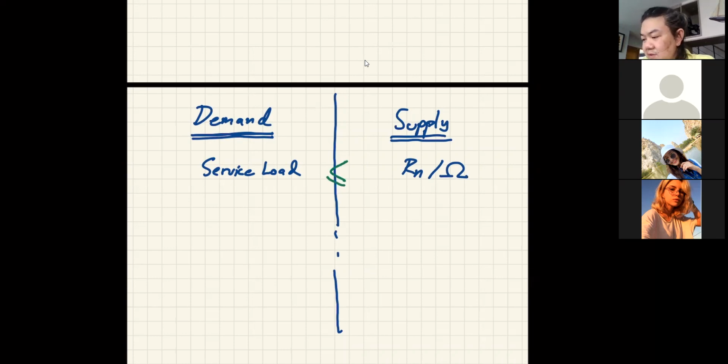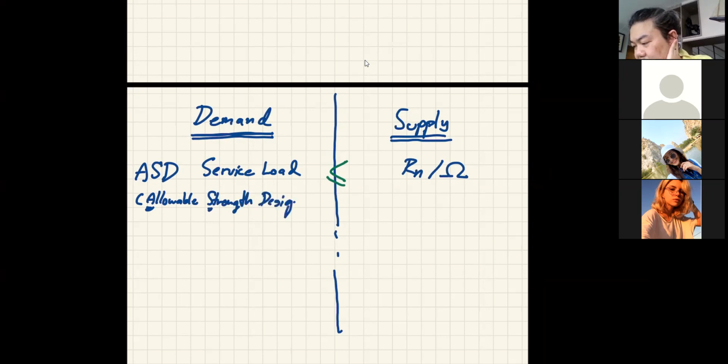Okay, this design philosophy is ASD, coming from allowable strength design. Okay, we use what we call the service load.